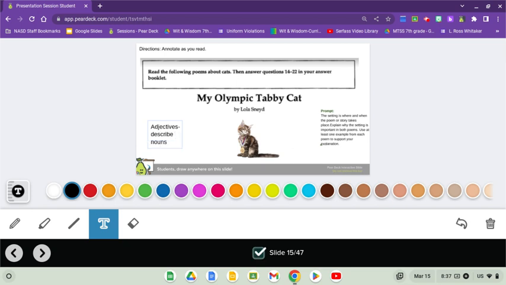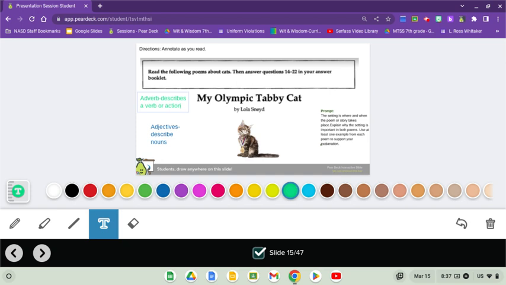Sometimes there are things called adverbs. An adverb describes a verb or action. All right, so we're going to be highlighting those throughout this poem.